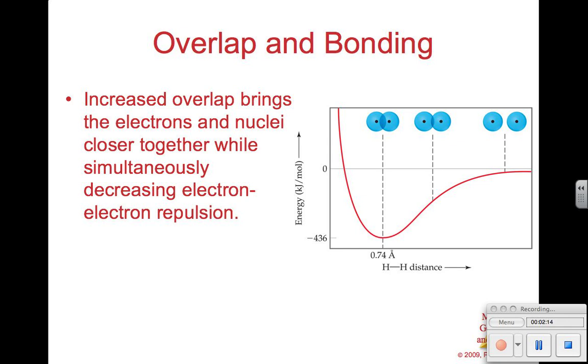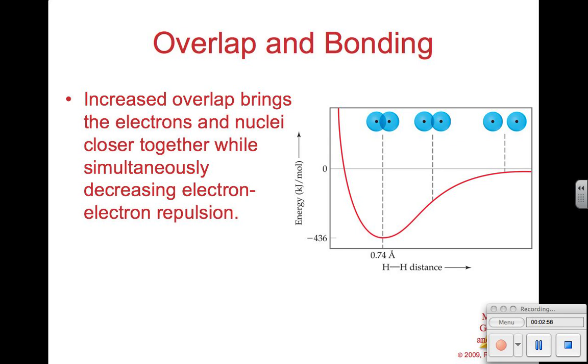So when we think about this overlap in relation to bonding, there's a certain distance that favors stability. The nuclei of two atoms come close enough together to hit this best distance where the attractive forces of the nuclei of atoms to the electrons of the opposite atoms is good compared to the repulsive force of the two nuclei from each other and the repulsive forces of the electrons from one another as well.